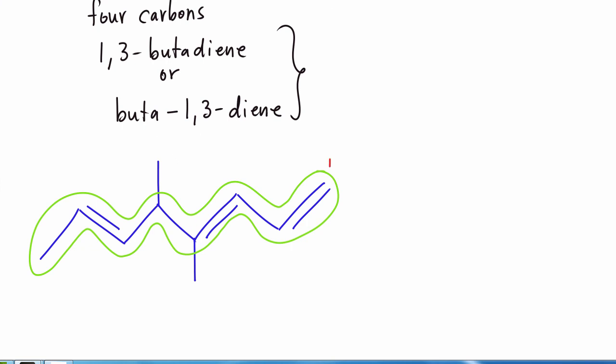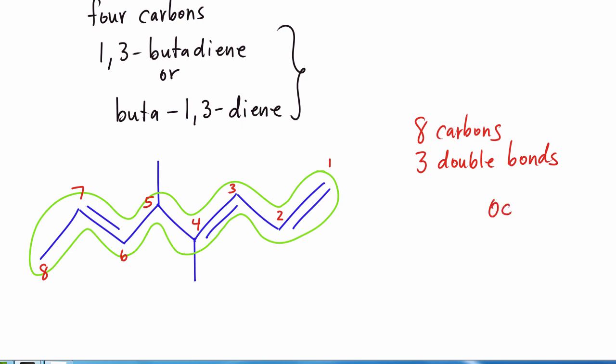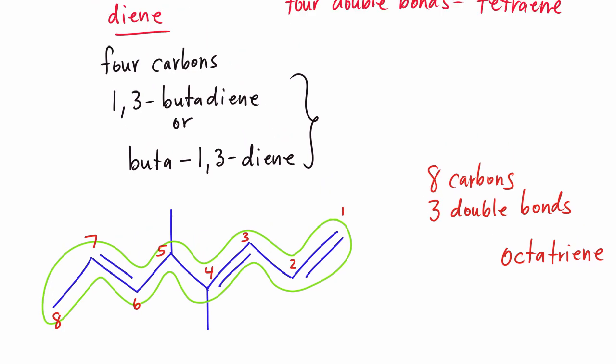Now we number 1, 2, 3, 4, 5, 6, 7, 8. We have 8 carbons, so we're going to have an octa. So we have 8 carbons, and we have 3 double bonds. So that's going to be octatriene. Now, exactly where are those double bonds?